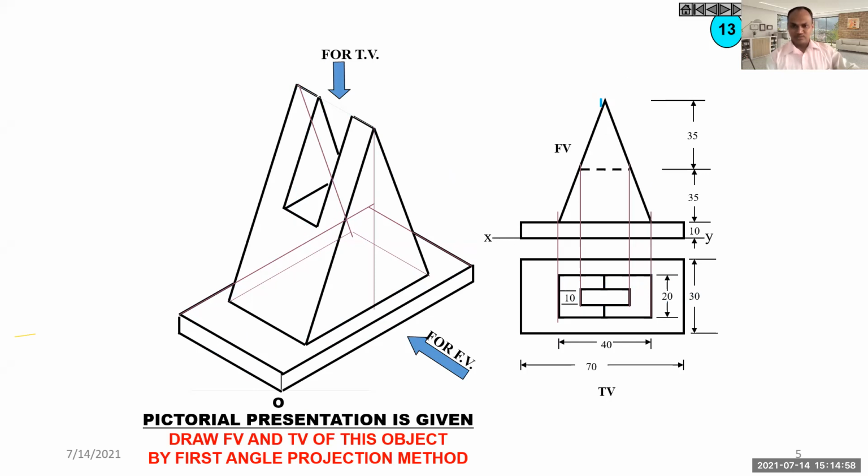When you draw with the help of a scale, you'll get to know that this line and this line are the same, so they are aligned with each other.